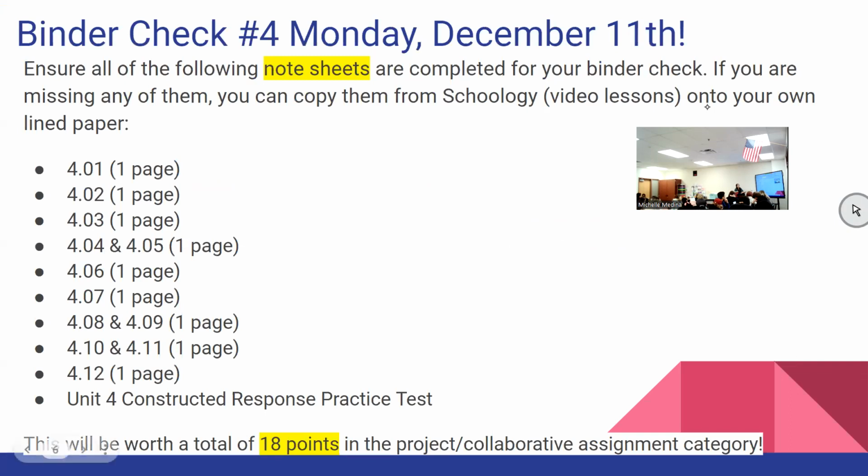Binder check is this coming Monday for unit 4, and Mondays are shorter days, so we're hoping to get those really quick so that I can answer any of your last minute questions about unit 4 because we test for it Monday. All right, so binder check Monday. You should have tomorrow to work on your study guide, so hopefully you can get a lot of your questions answered already.